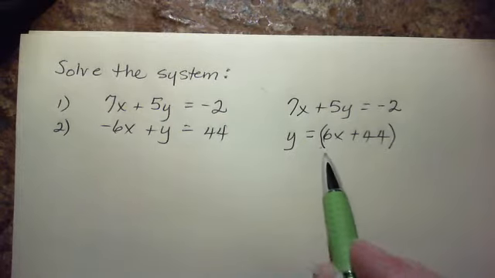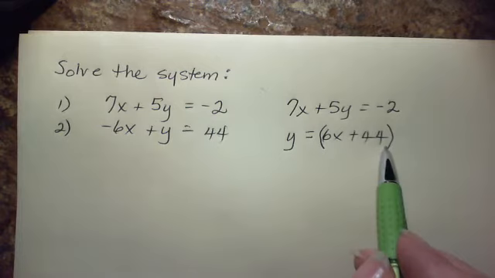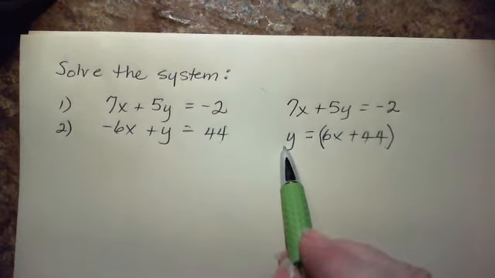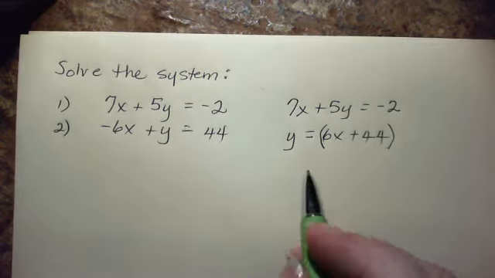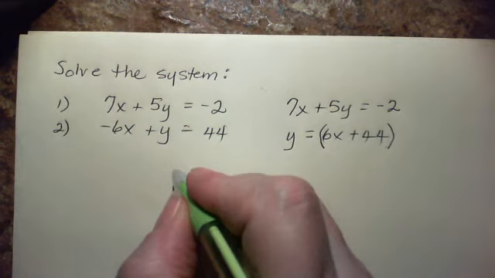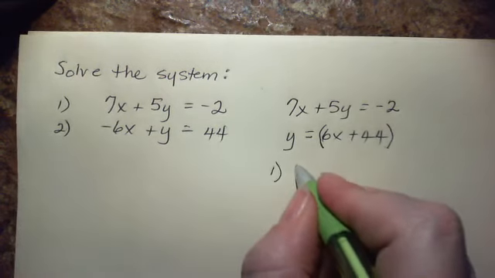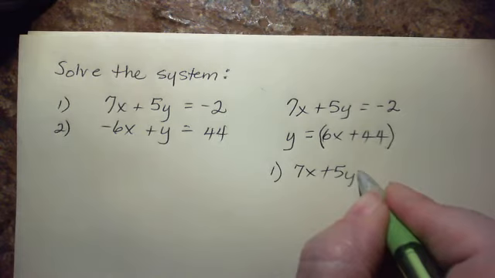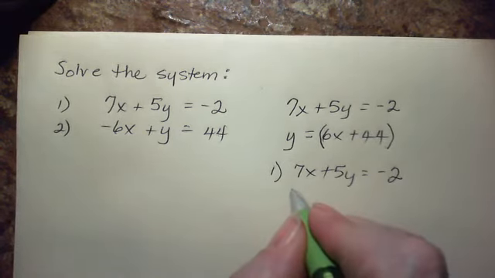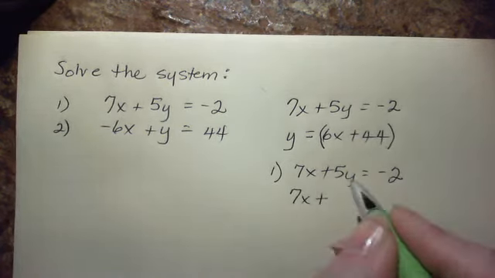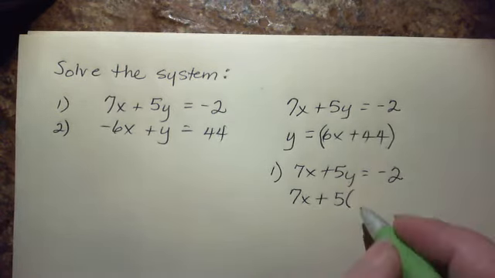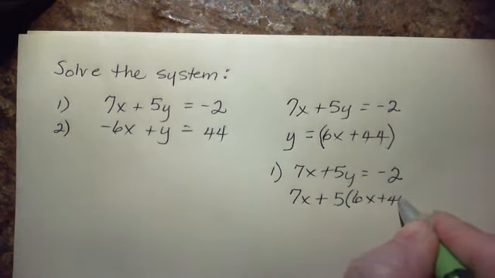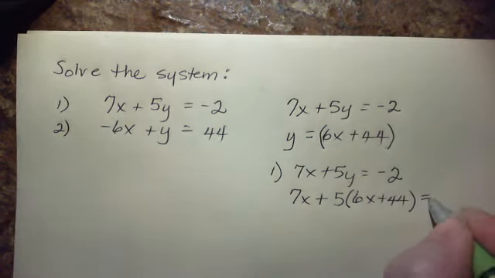We'll take this side of the equation, which is equal to y, and substitute it in for the y in equation 1. So I'll rewrite equation 1 now with the substitution done. Equation 1, 7x plus 5y is equal to -2. And when I rewrite it, 7x plus 5, I'm going to stop at y and replace y with the parentheses 6x plus 44, and I will continue the equation equal -2.